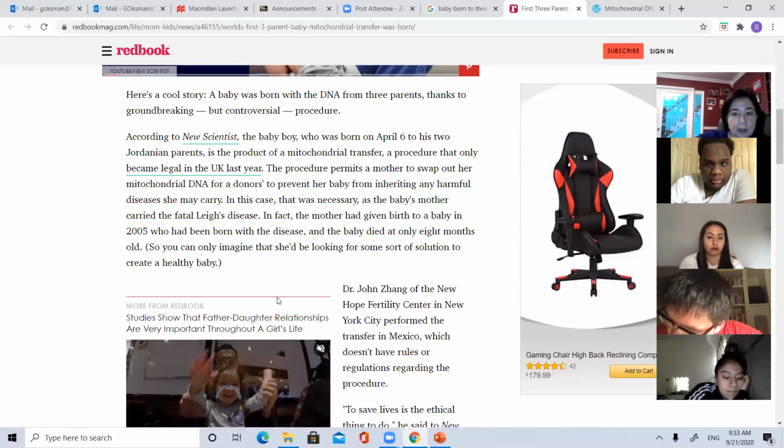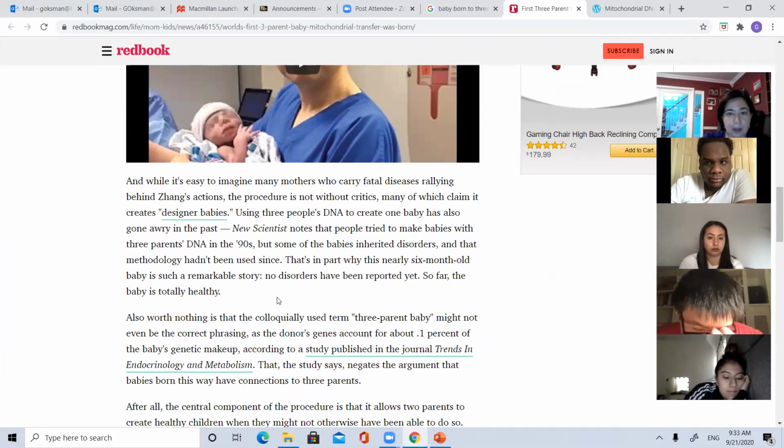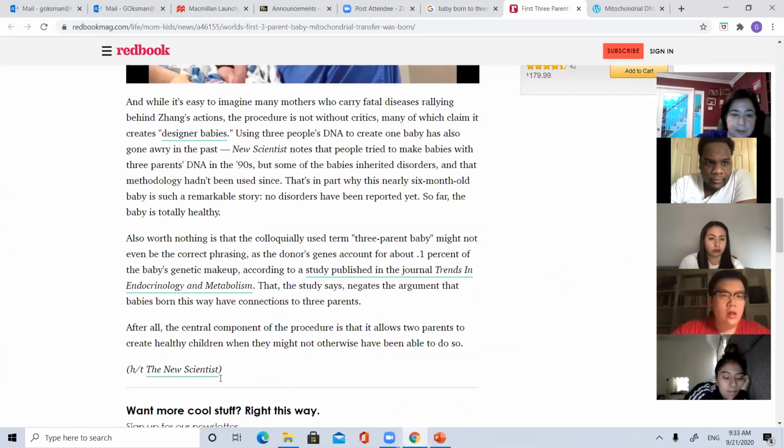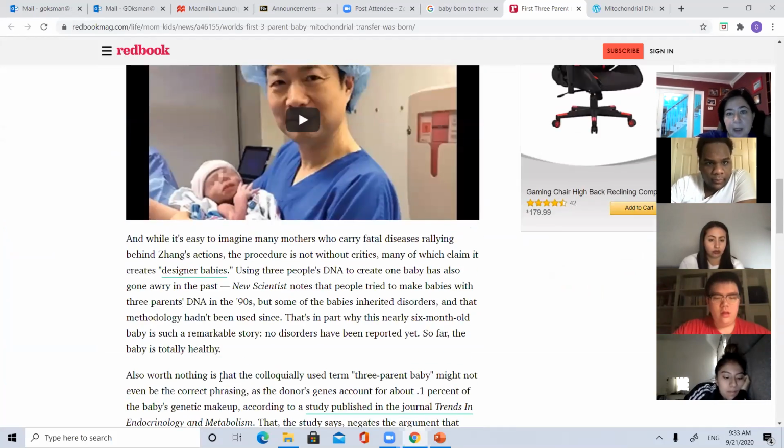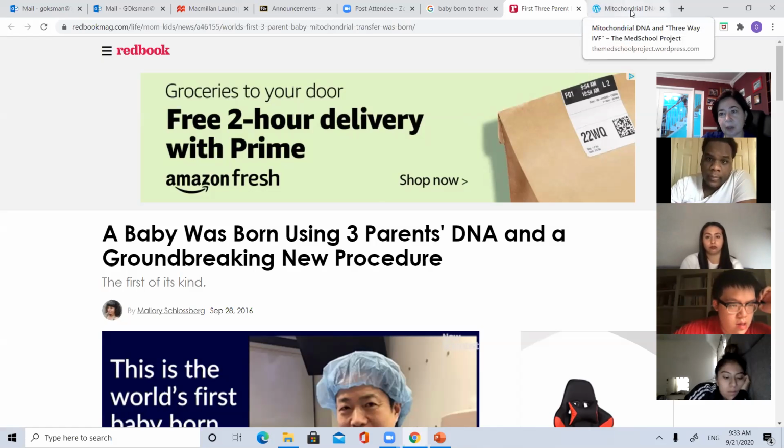This is mitochondrial transfer, but it's not explained here, but genes that control production of energy. And if you have mutation with them, your cells won't be able to produce enough energy to sustain basic life functions. So those babies without this procedure will die within a few years.